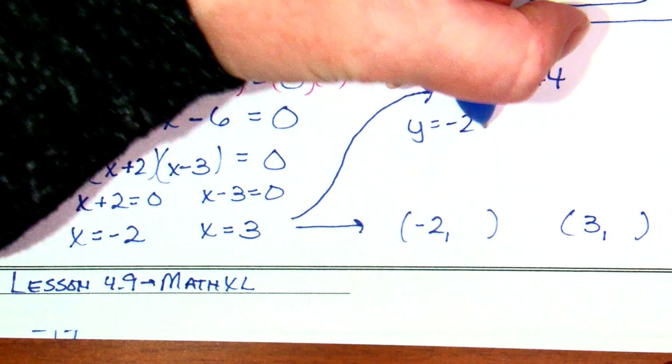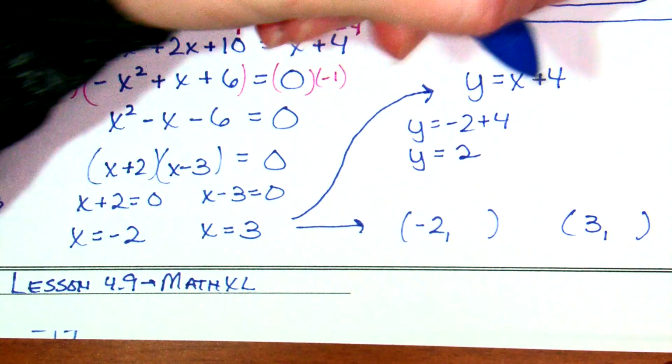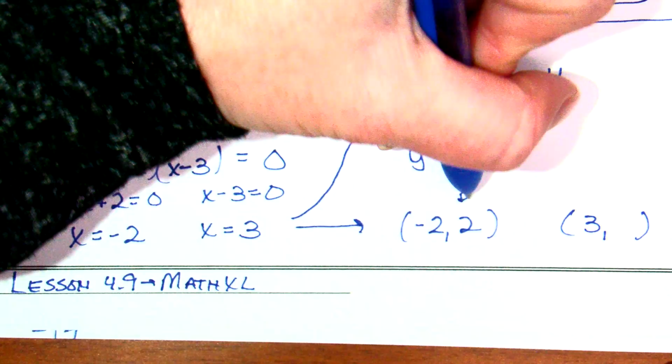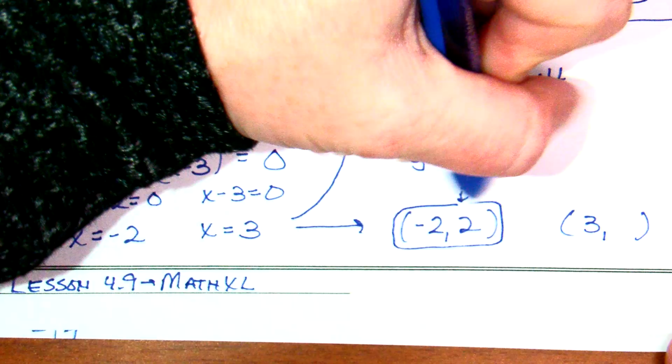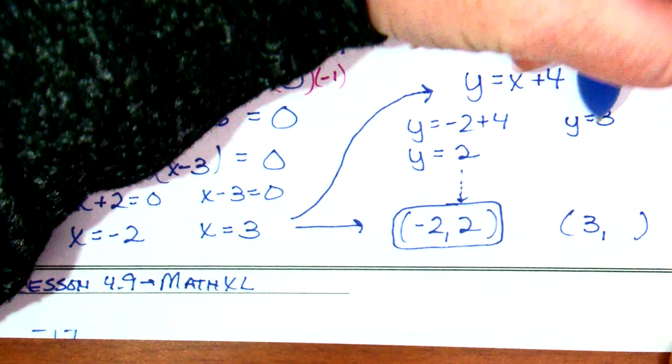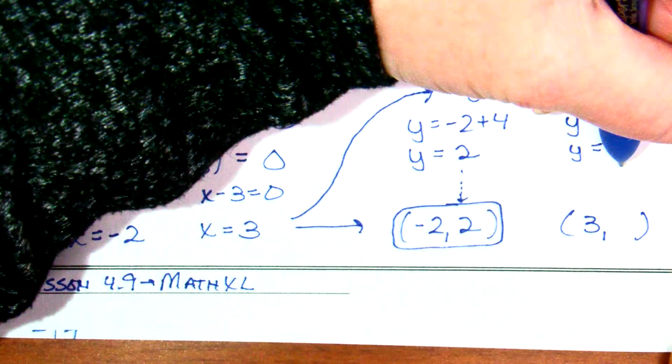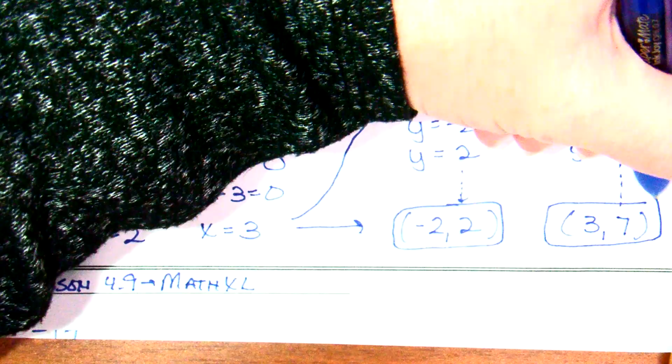X plus 4, so negative 2 plus 4 is 2. So one answer is negative 2, 2. The other one, plug in 3. 3 plus 4 gives me 7. So ordered pair of 3, 7.